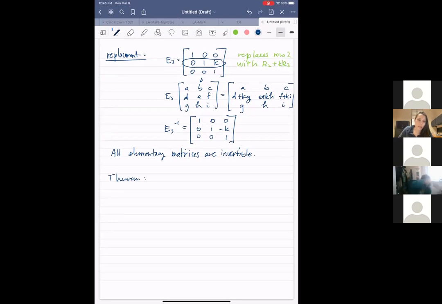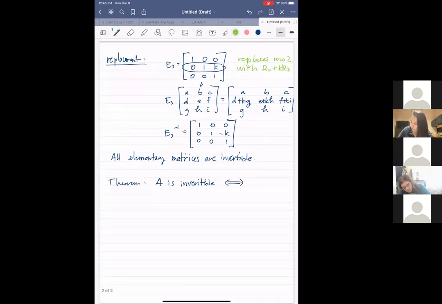So this was that A is invertible if and only if, so this double-sided arrow stands for if and only if, A is row equivalent to the identity matrix, right? The n by n identity matrix. Okay.